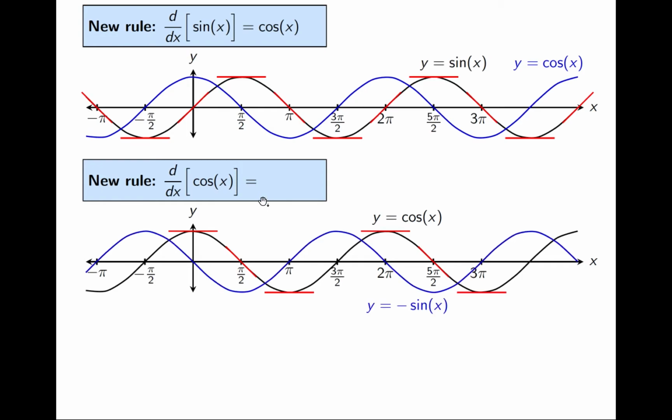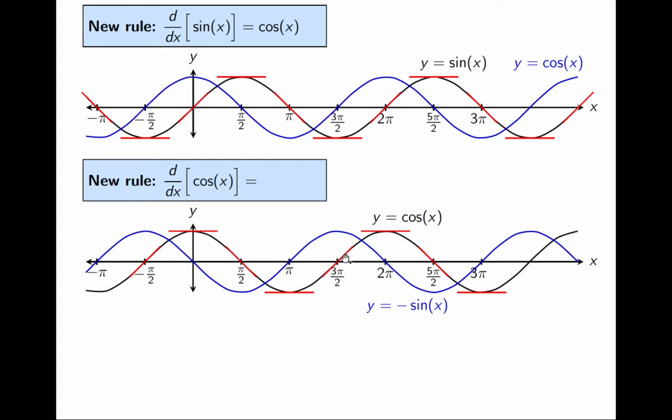So for this reason, you might guess that the derivative of cosine of x is not sine of x, but negative sine of x. That seems to match. And in fact, look at, say, 3 pi over 2.